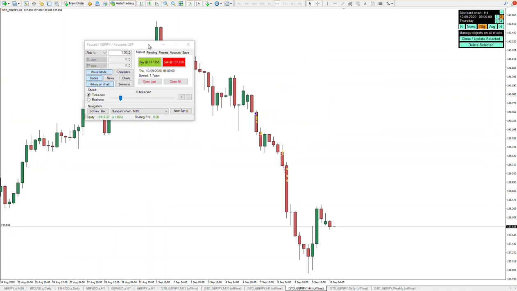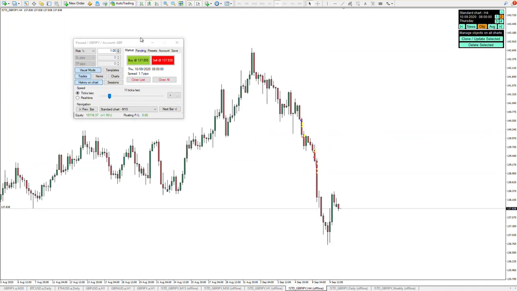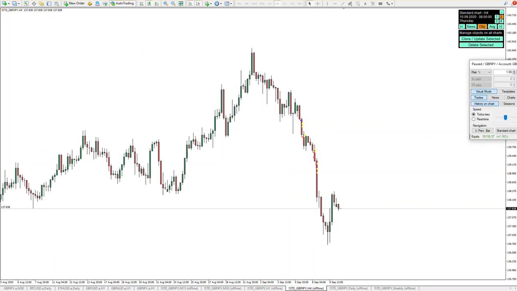H4. Well, let's have a look at H4. Let me get rid of this one. H4 is really in a down move structure. We had this higher high formed. The move came from here, so this is the base for the last leg, and we broke that last leg here.